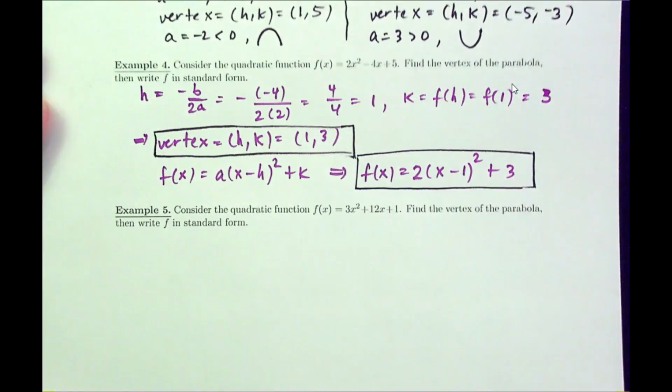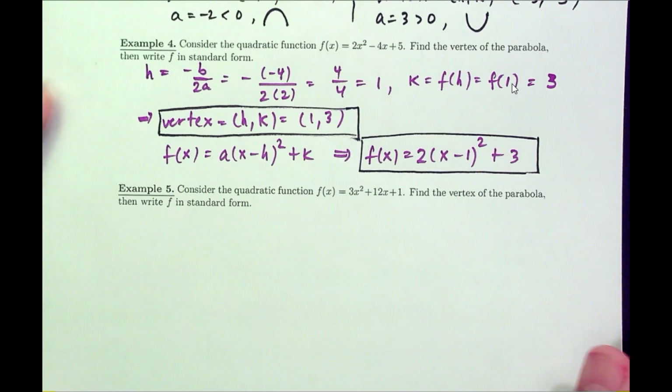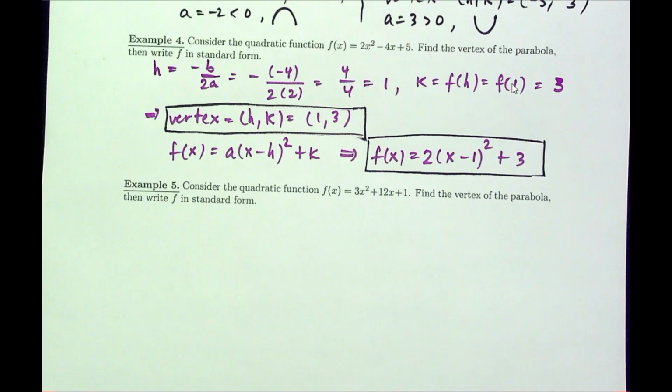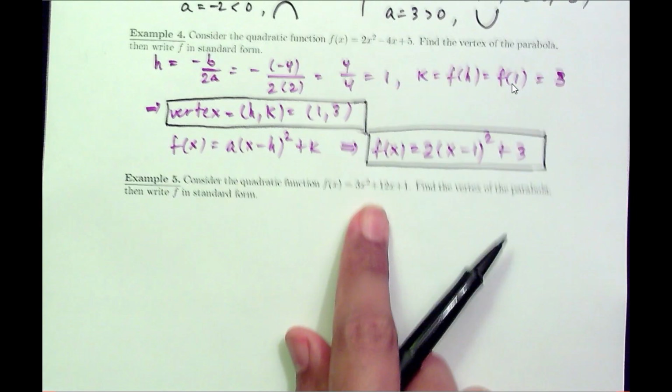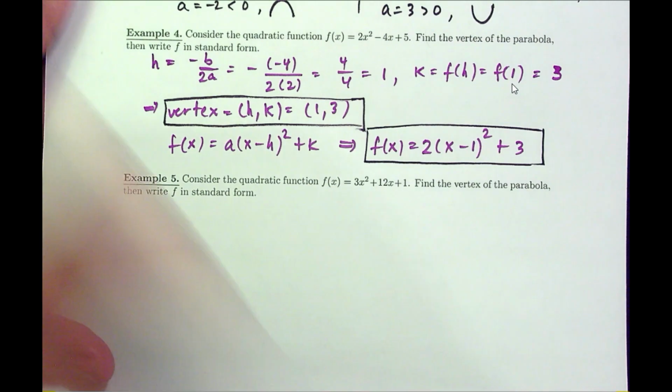Okay, we're going to do another example like this. So now let's consider this quadratic function. We're going to find the vertex of the parabola, and then write the standard form.